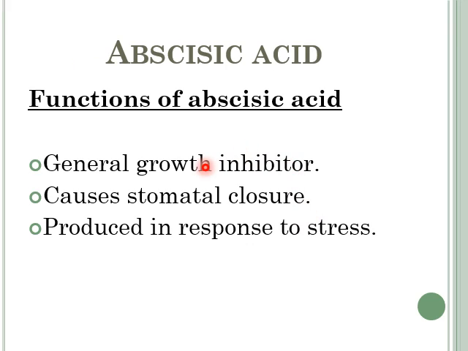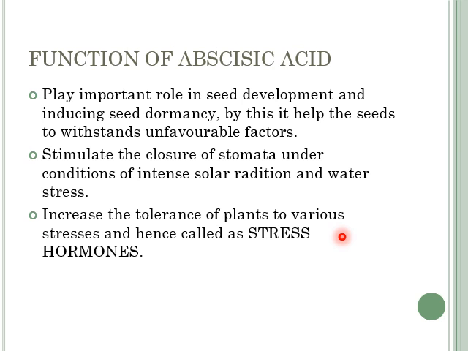So the general functions of abscisic acid or ABA, a growth inhibitor: it causes stomatal closure, that is stomata closing, and is produced in response to stress when the conditions are not favorable. Function in detail: it plays an important role in seed development and inducing seed dormancy. By this, it helps the seeds to withstand unfavorable factors.